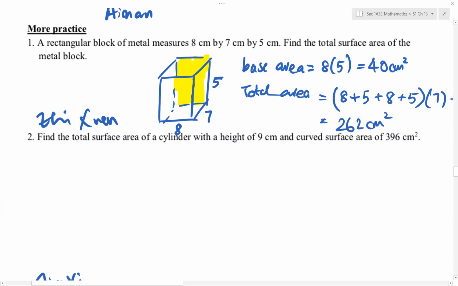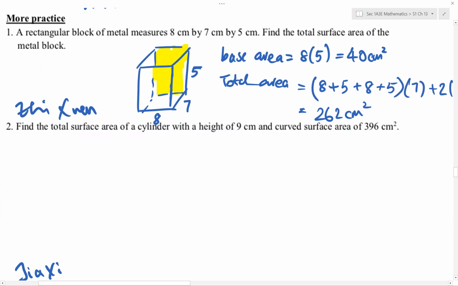Okay, Zixuan. Find the curved surface area first, is it? But the curved surface area is given already, 396. Okay, so what do I write?